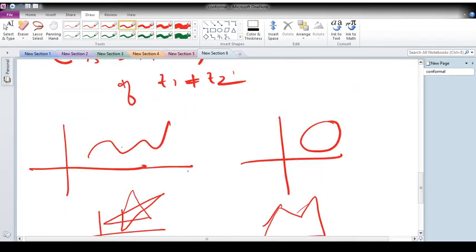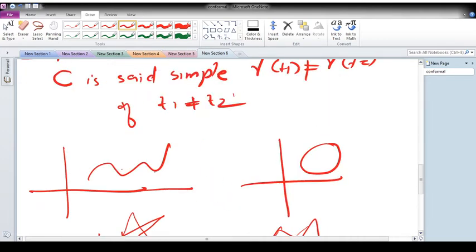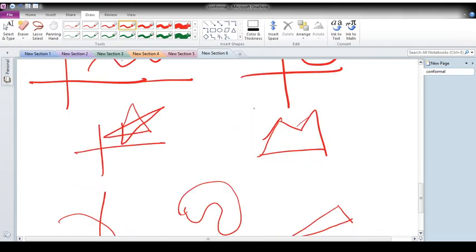One more curve I will give. So this is a simple curve. This is also a simple curve. Any distinct points have distinct images.